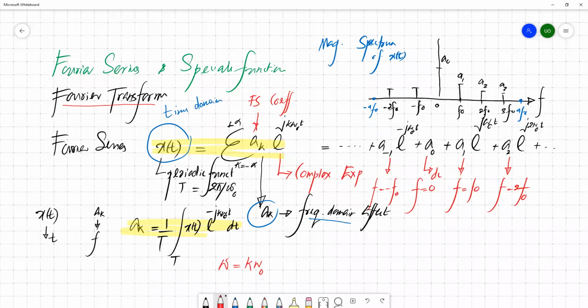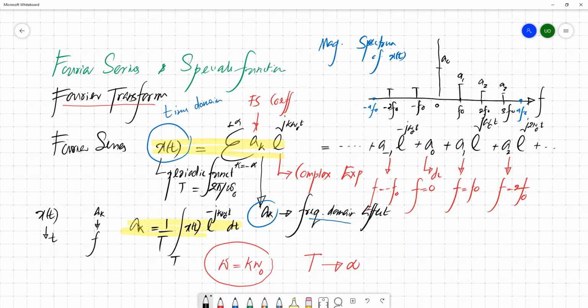This is a substitution, and we try to figure out what happens to the ultimate equations and the functions when t goes to infinity.